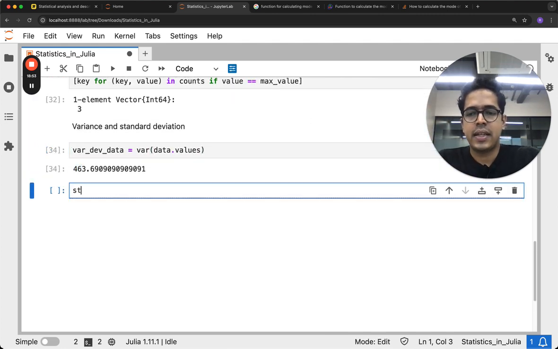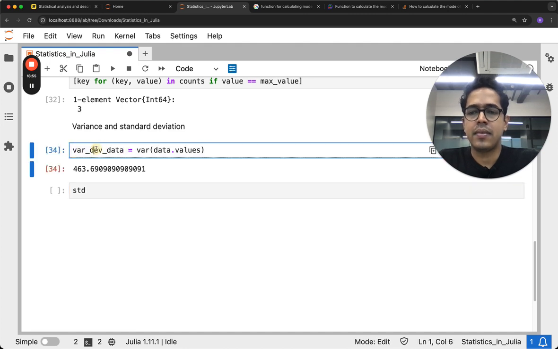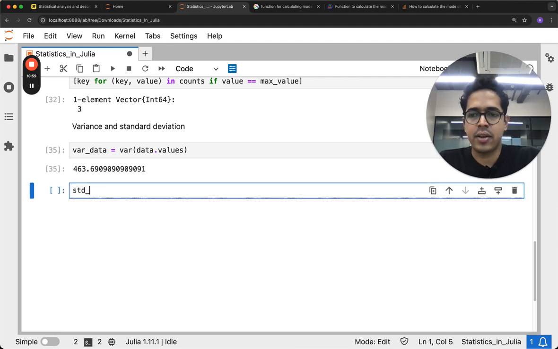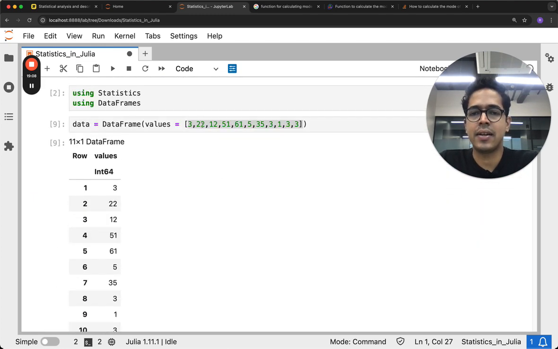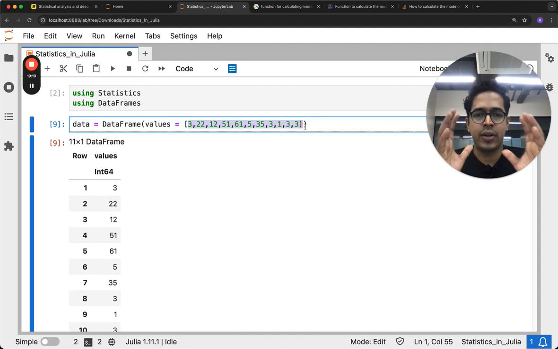But if it's standard deviation, then there is no problem, because std of data equal to std of data dot values, see, 21.5. So that is now in the general set of numbers.